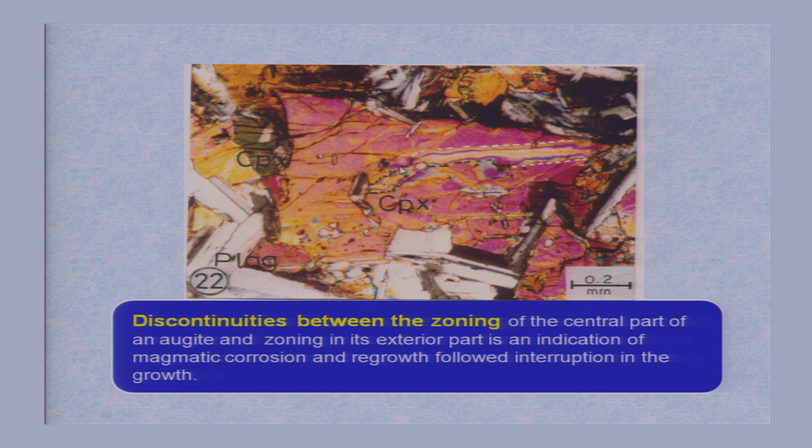This indicates magmatic corrosion and regrowth followed by interruption in the regrowth. So, these are the reasons attributed to the formation of such discontinuities within clinopyroxene crystals.